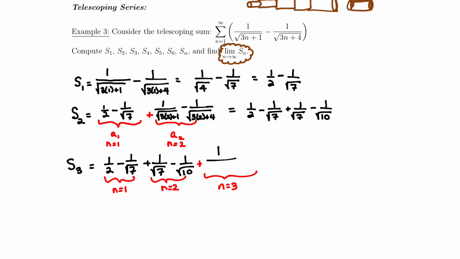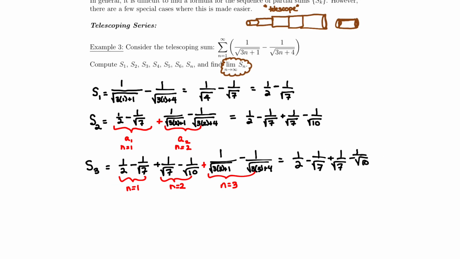And so I'm getting 3 times 3 plus 1 minus 1 over 3 times 3 plus 4. I think I'm getting 1/2 minus 1 over the square root of 7 plus 1 over the square root of 7 minus 1 over the square root of 10 plus 1 over the square root of 10 minus 1 over the square root of 13.